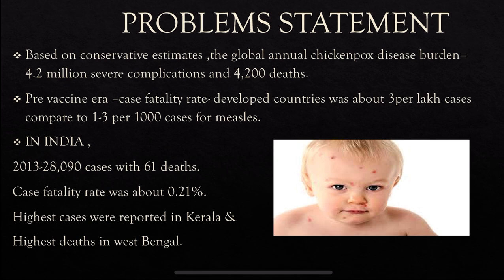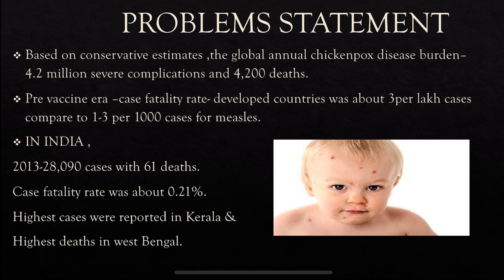Based upon conservative estimates, the global annual chickenpox disease burden is 4.2 million severe complications and 4,200 deaths. So we see it's quite a large burden on the countries. The estimate is that 4.2 million people are suffering with chickenpox globally every year.